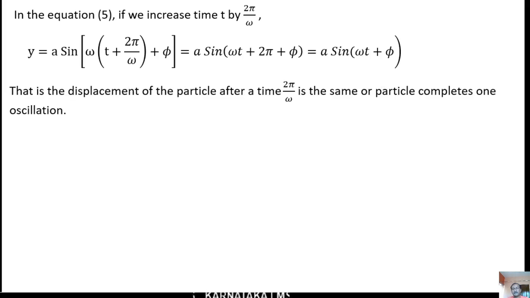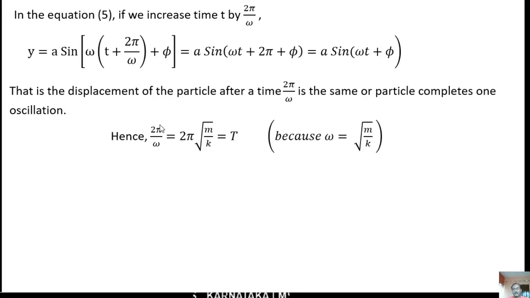That is the displacement of the particle after a time 2 pi by omega is the same, or the particle completes one oscillation.